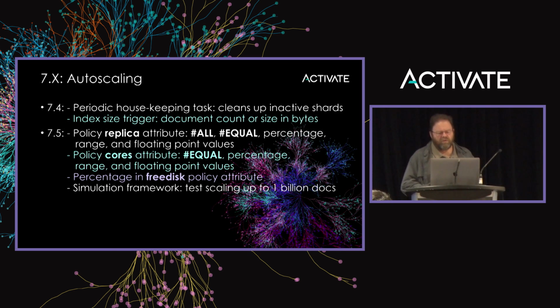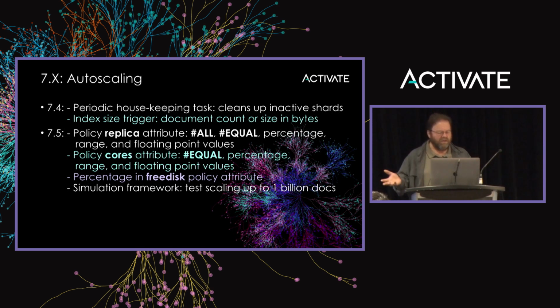Similarly, for the cores attribute, and if you're not familiar with the way auto-scaling policy rules work, cores are simply cores in the system regardless of the collection to which they belong, as opposed to replicas which are associated with a collection. And the same improvements were added with the exception of the hash all keyword.